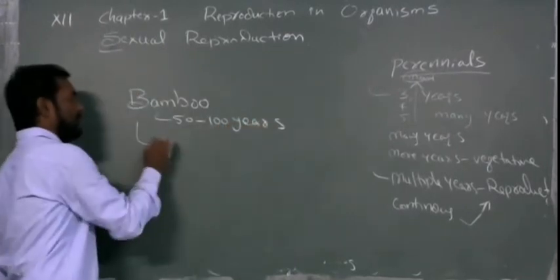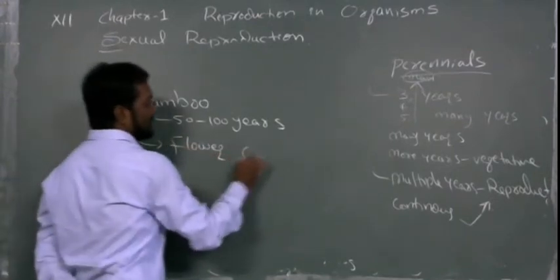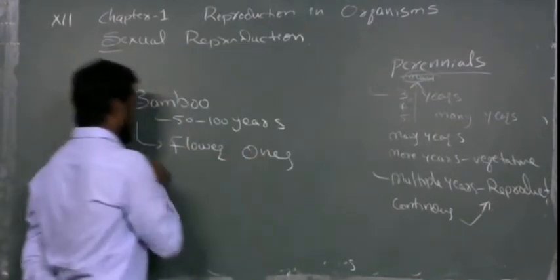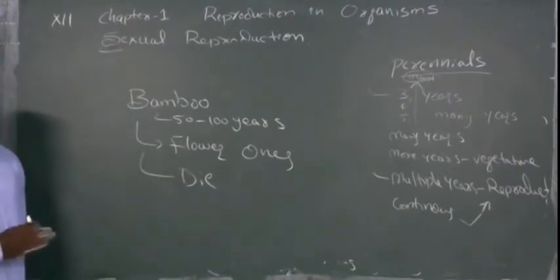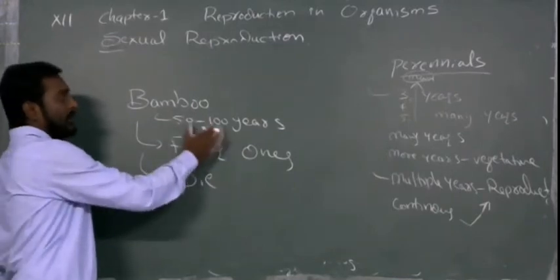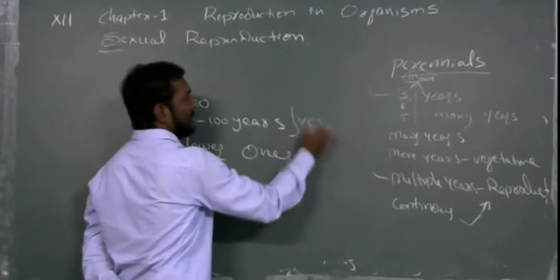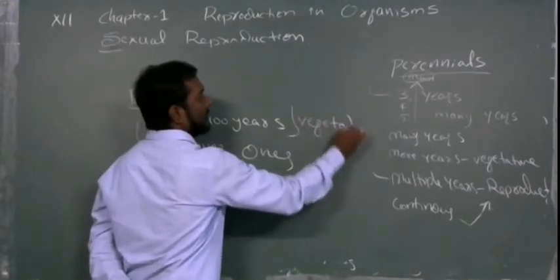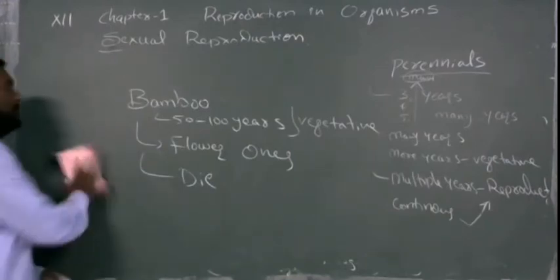After that, they flower only once and they die. It takes 50 to 100 years to flower, so the 50 to 100 years are the vegetative phase. This is a good example, you have to remember.